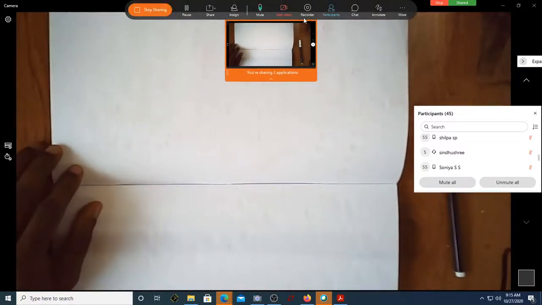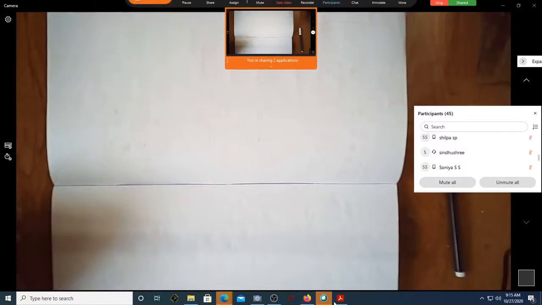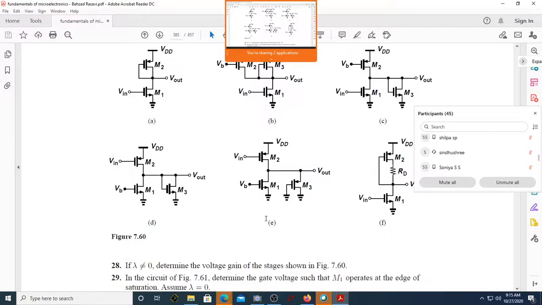Let us consider the first circuit. So what is the first circuit? First circuit is this. I will write the first circuit, and all of you write it too. Let us try to find out the gain of that amplifier. This is VDD.